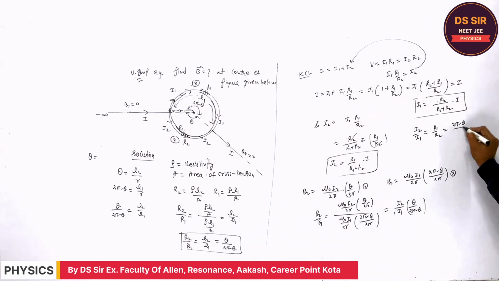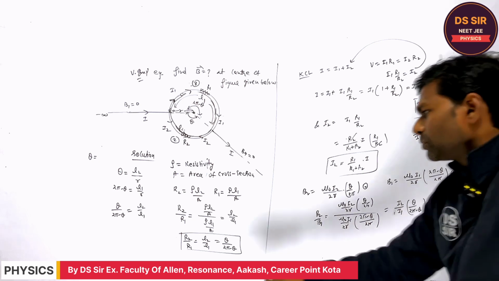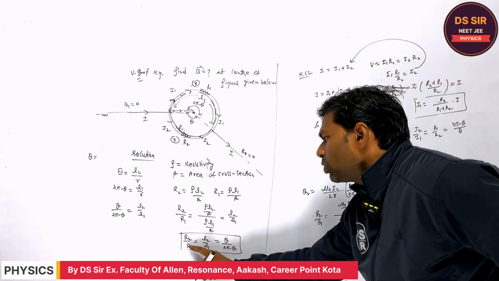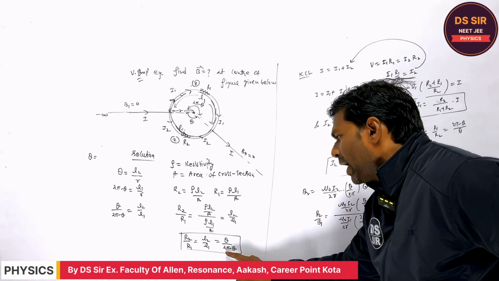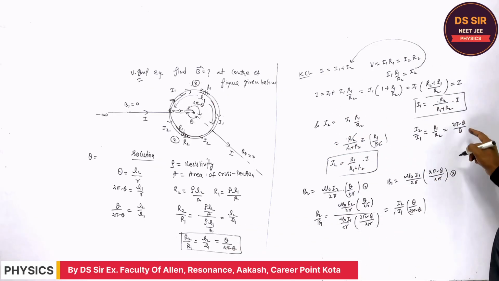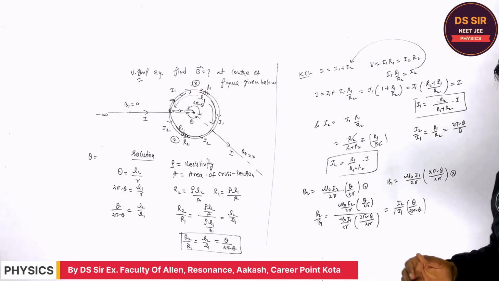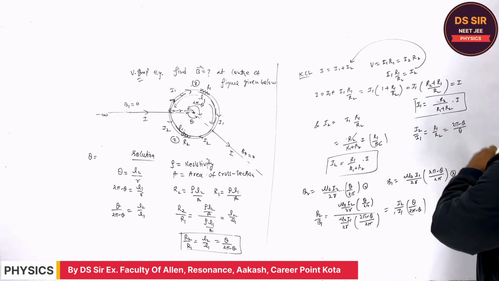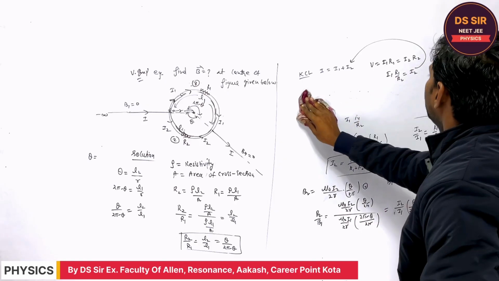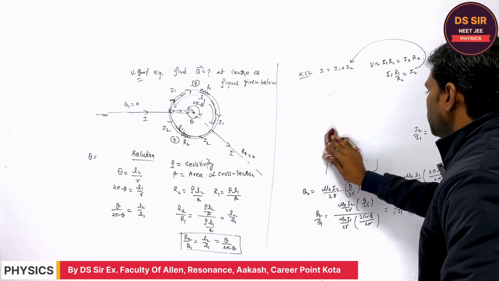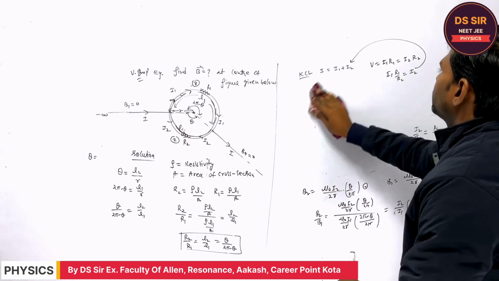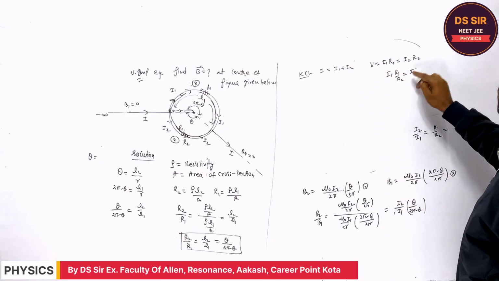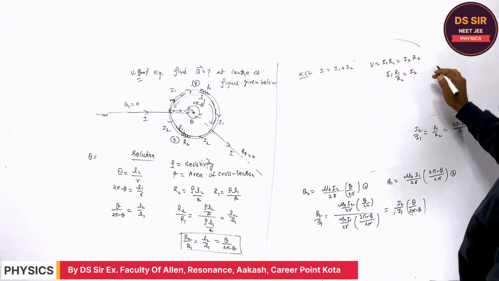Because it is R2 upon R1 is theta upon 2 pi minus theta, R1 upon R2 is 2 pi minus theta upon theta. Is it clear or not? It means all this was not necessary to do. We can skip this, because only the potential difference is the same.